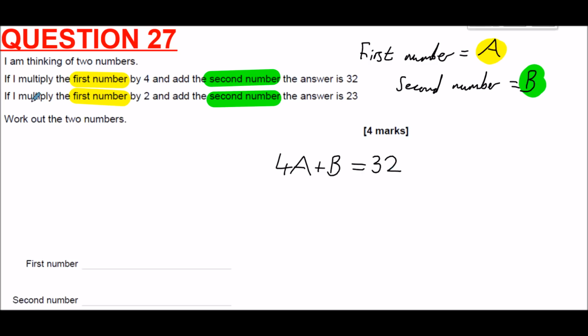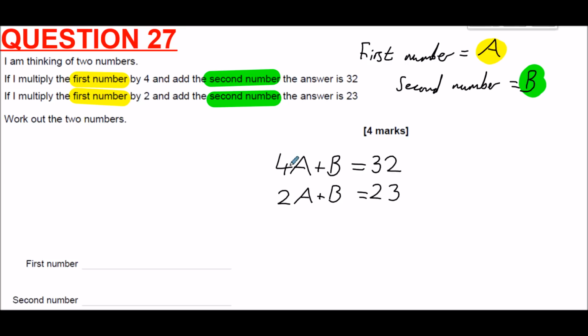And this second line, if I multiply the first number by 2, so in that case it'd be 2A, and then add the second number, so again plus B, the answer is 23. And so we've got two different equations to solve, and these two are called simultaneous equations.